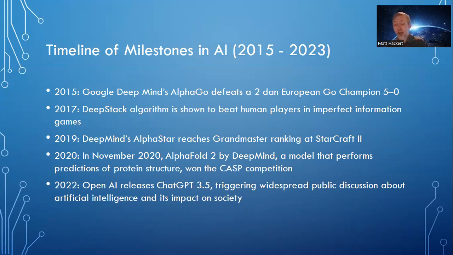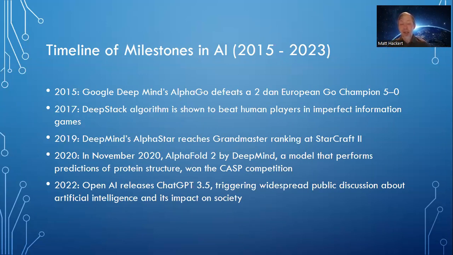The release triggers widespread public discussion on artificial intelligence and its potential impact on society. So that's, again, like I say, a very brief run through of some of the major milestones in artificial intelligence over the last 50 to almost 70 years, I guess, if we go back to 1956.